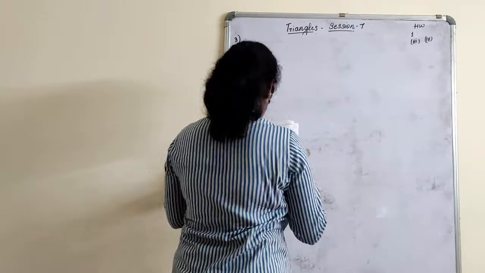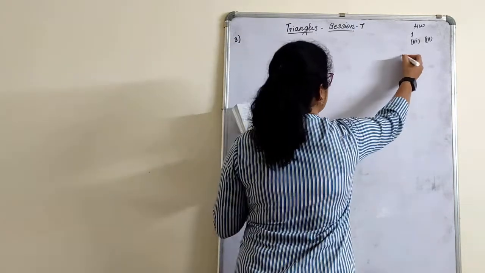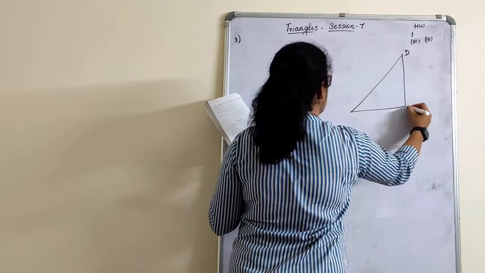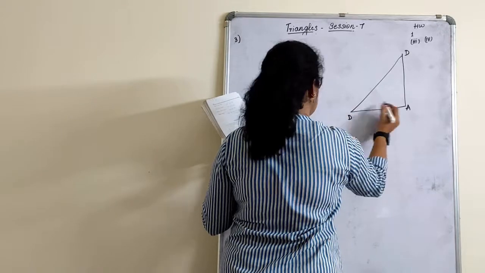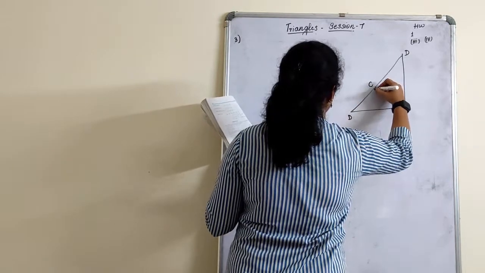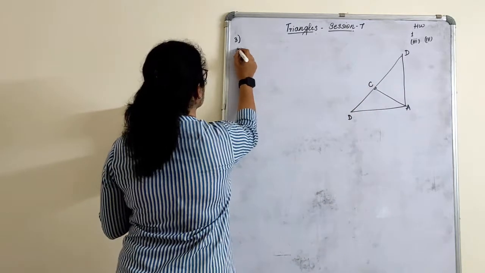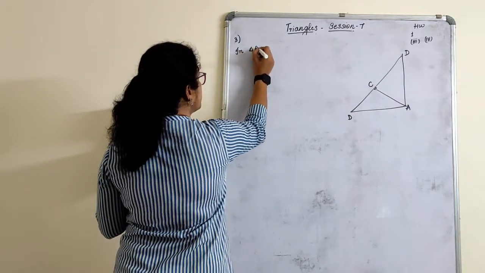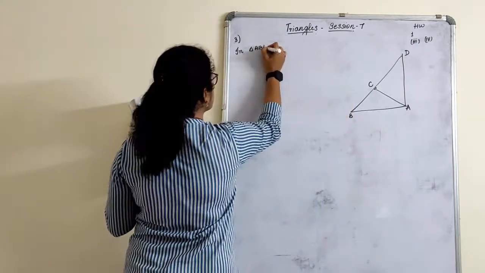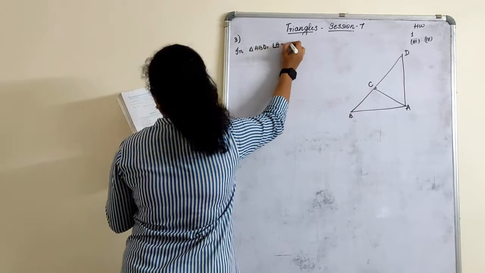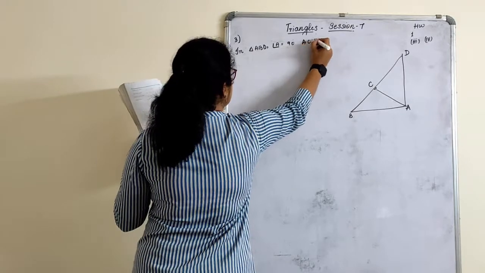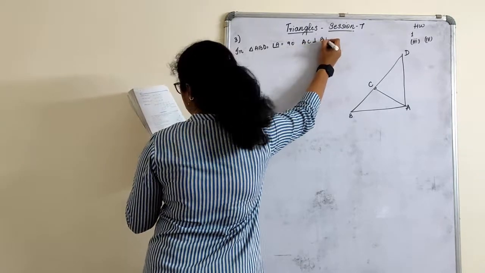Third one, in triangle ABD, this is the given figure, BD, this is C. In triangle ABD, angle A is equal to 90 degrees and AC perpendicular to BD.